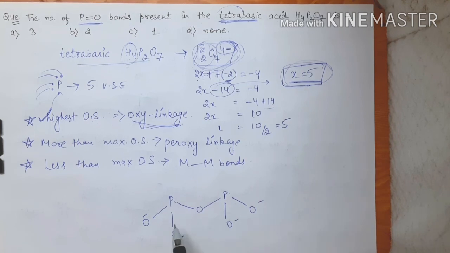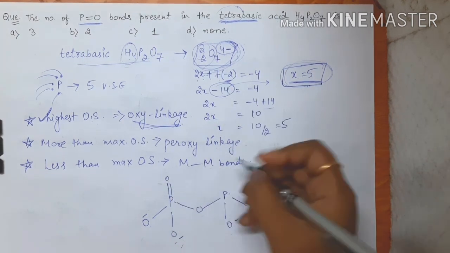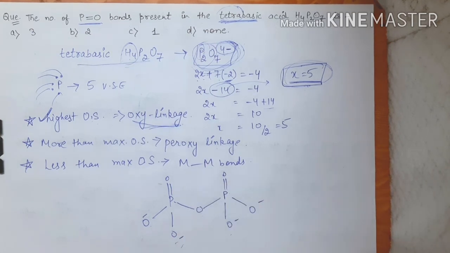So we have used 1, 2, 3, 4, 5 oxygens already. So the remaining 2 oxygens will be bonded like this, they will be doubly bonded, right? So only one double bond could be present on each phosphorus with oxygen.